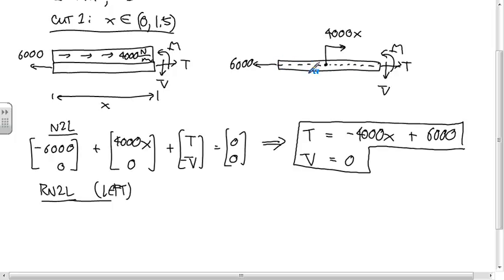So that's not going to produce any moment either. So the only moments that we have are the bending moment, that couple, minus Vx. V is equal to 0, so M is equal to 0.